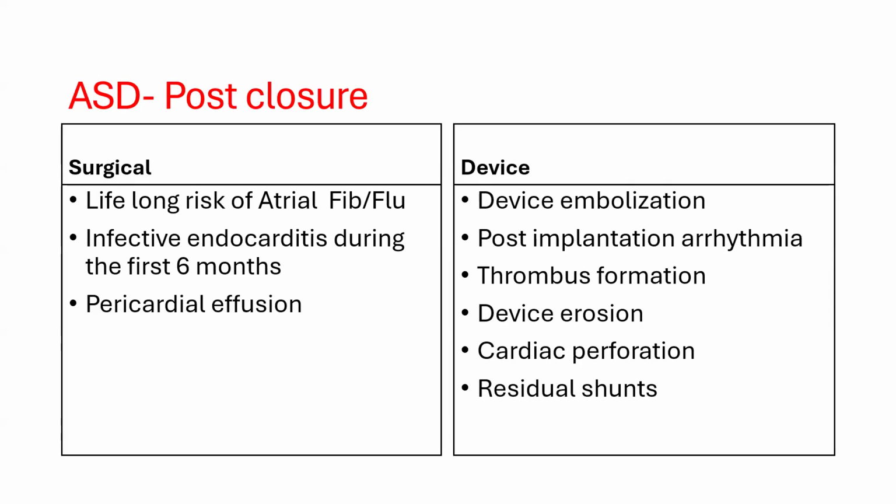So post-closure, something to consider is that even after surgery, you have a lifelong risk of atrial fibrillation and flutter. So before surgery and after surgery, adult ASD patients must be followed up for life because of this lifelong risk. We've seen that happen in recent times, and a number of our patients are coming back.